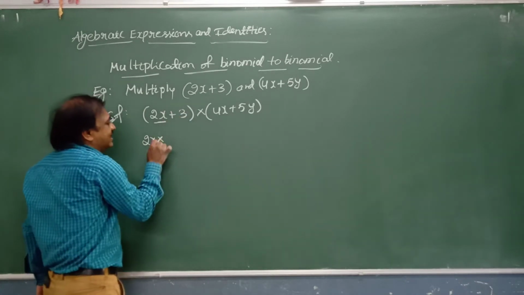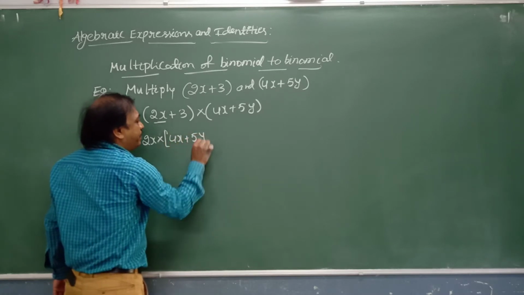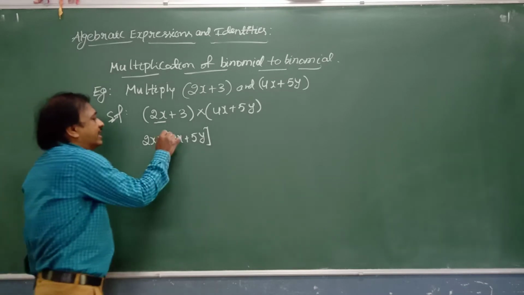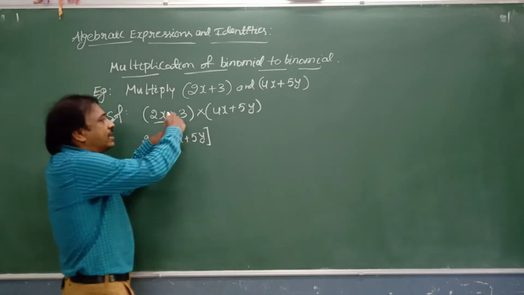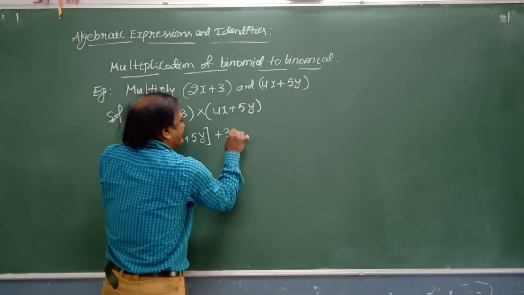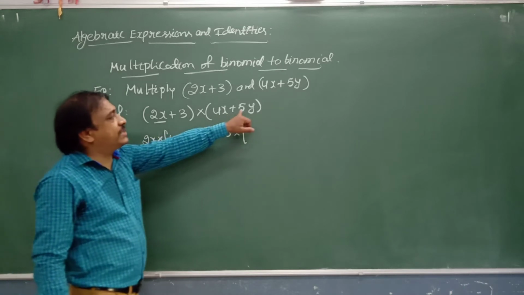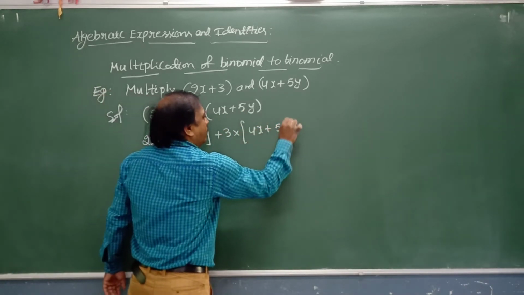So 2x into (4x plus 5y). Now the next one, what do you have as the second term? Plus 3 into (4x plus 5y).